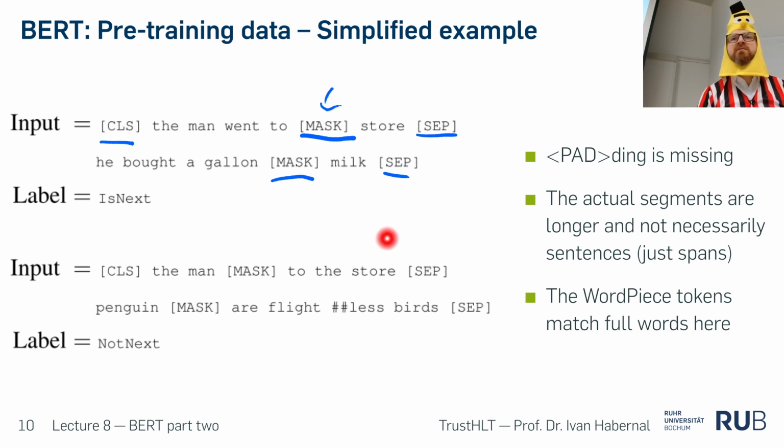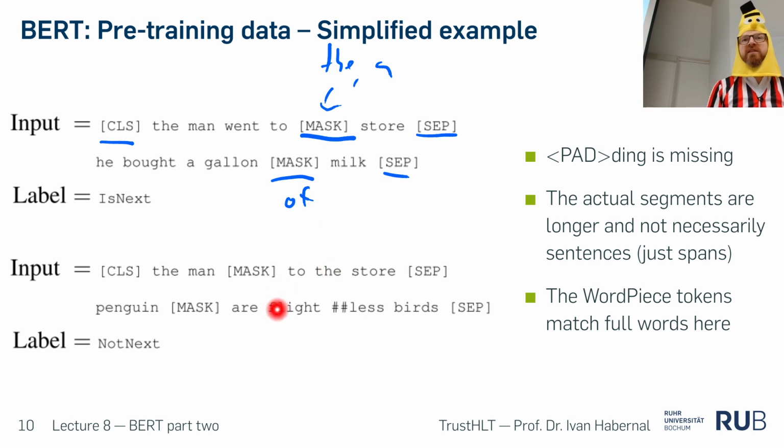The man went to the store. Any other options? I think this is the only thing that makes sense. He bought a gallon of milk. I think there's no other choice here. This is a very simplified example, of course.